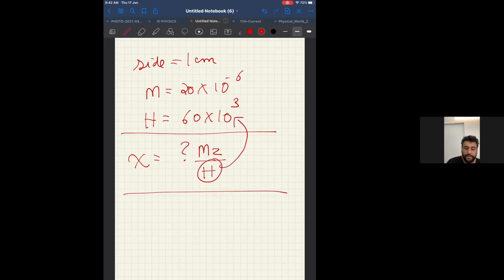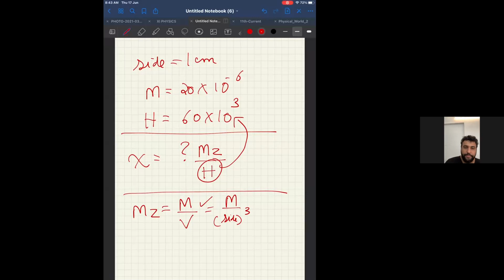Now, M_z is not given, but M_z is magnetic moment per volume. So magnetic moment is known. Can I write volume as side cube? Because volume is nothing but side into side into side, or length cube. Correct? So is side given?